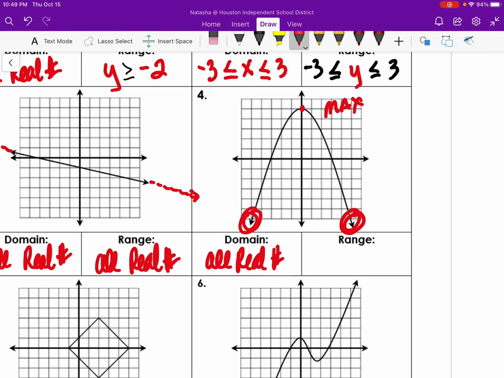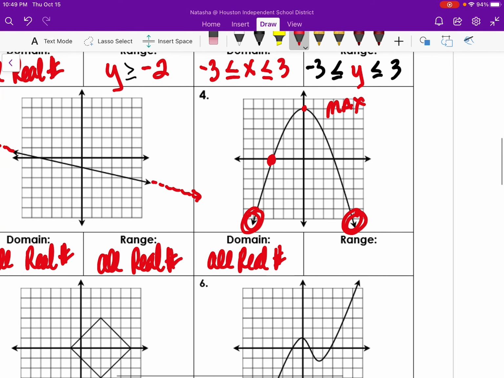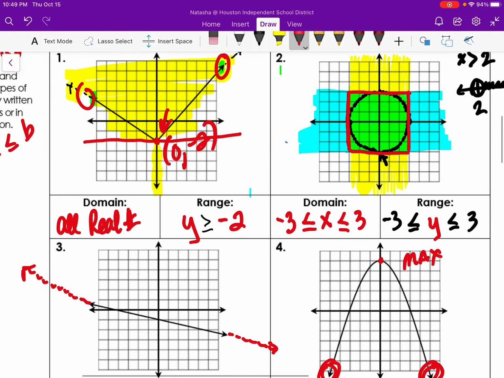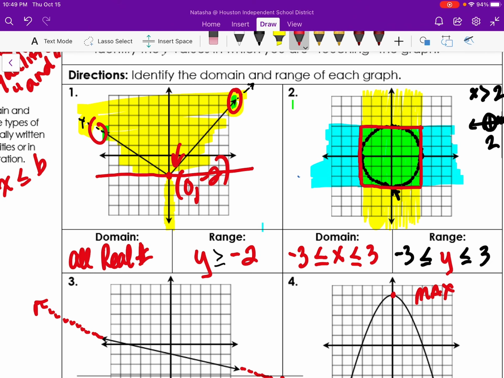That's a pretty standard rule for parabolas unless they're cut. Like if I broke this parabola up and ended it there, then that would be a different situation, all right? Now the range is very much like number 1.